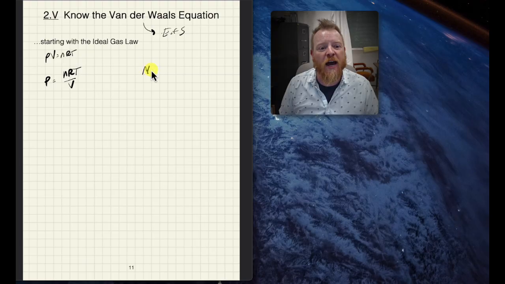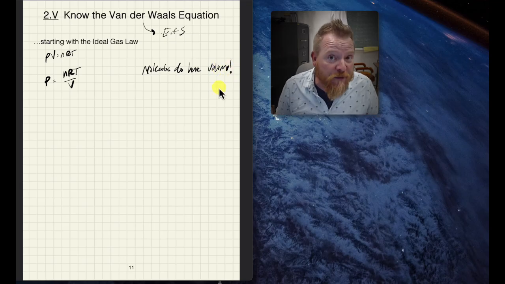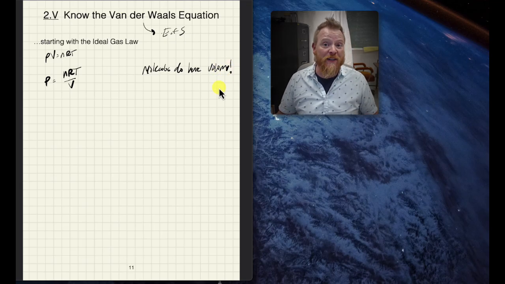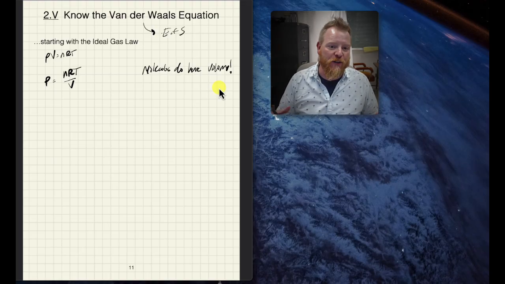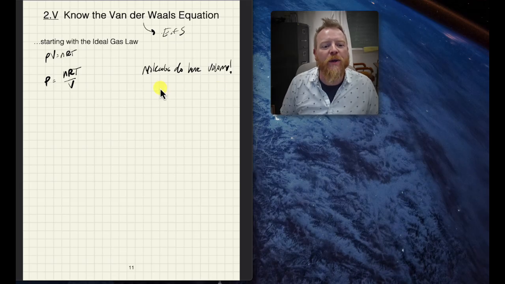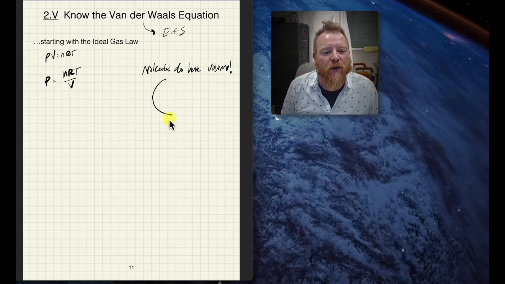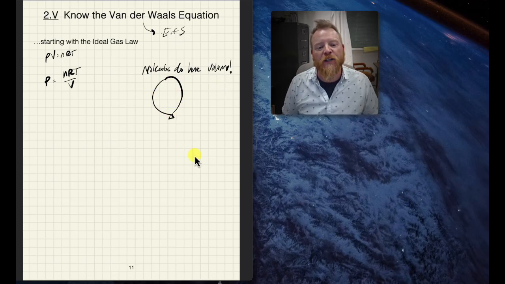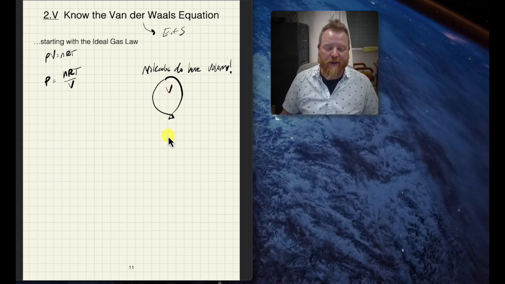So as it turns out, molecules do have volume. And if we have enough of them, that volume will be significant compared to the volume that they occupy, right? So we can imagine some balloon filled with a bunch of gases, this is the volume that they're occupying.